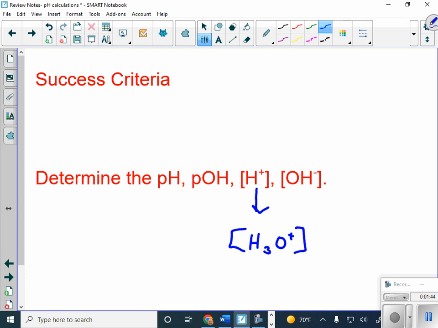When you see it written like that, you should just automatically think the hydrogen ion concentration. That is actually what we call the hydronium ion, and in some textbooks they represent it as the H3O plus concentration, not the H plus. So when you see that on WebAssign, you're thinking H plus.